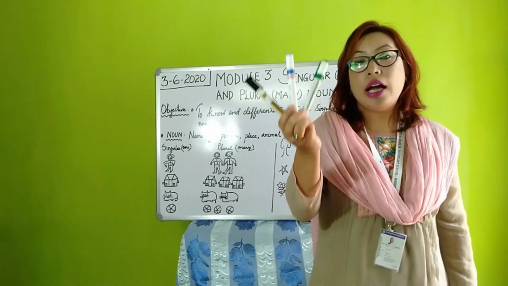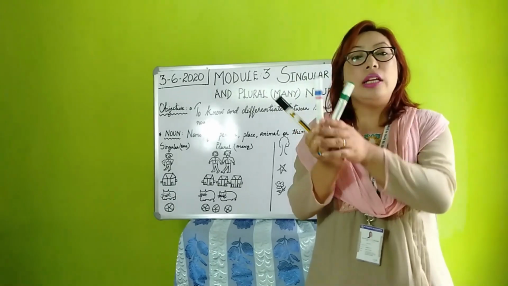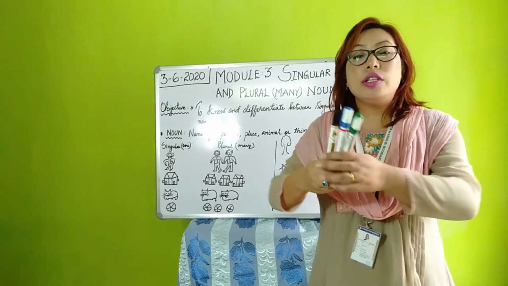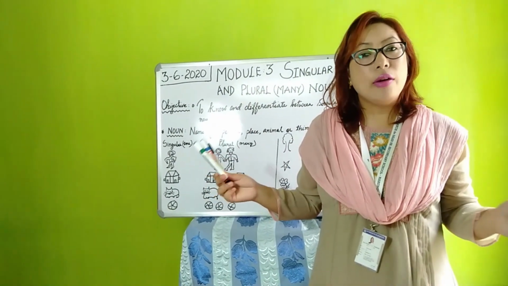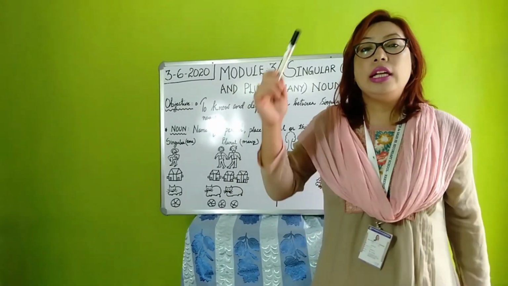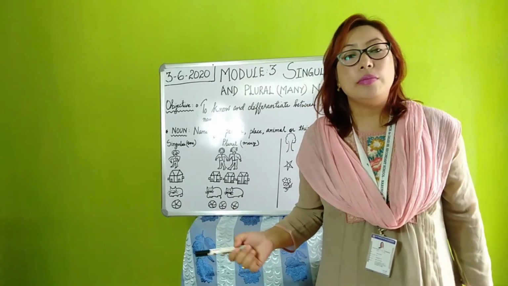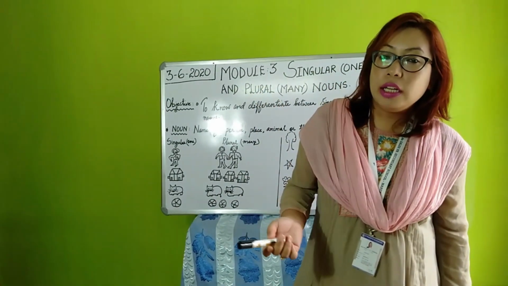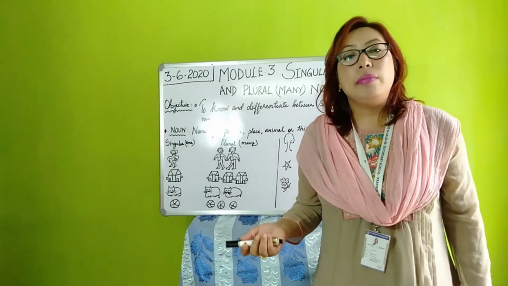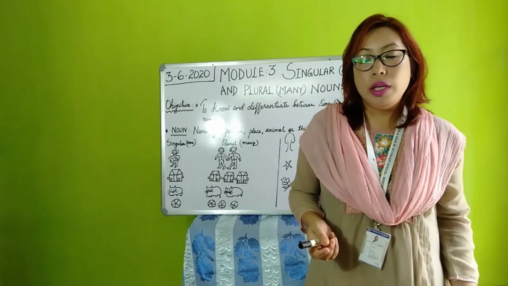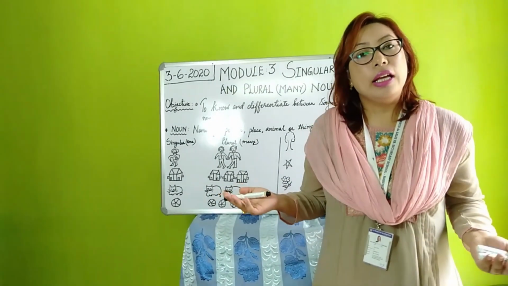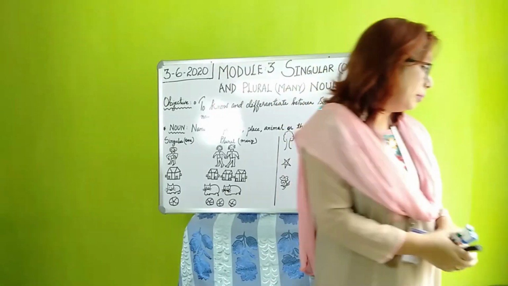There are three: 1, 2, 3. It becomes plural because it is more than one. So when it is only one, we call it a singular noun. It may be one person, one animal, one place, or one thing.